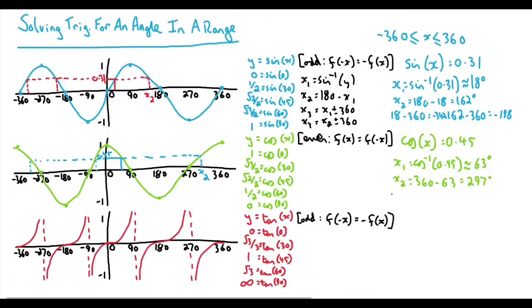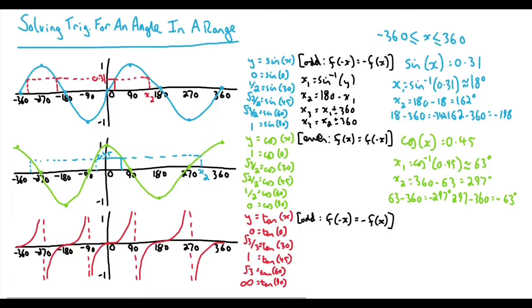Either way, we now have 63 minus 360 and 297 minus 360, which is obviously going to get us minus 297 degrees here and minus 63 degrees here. Again, because it is symmetrical, we would just have the negative of the previous x values giving us that same y value.